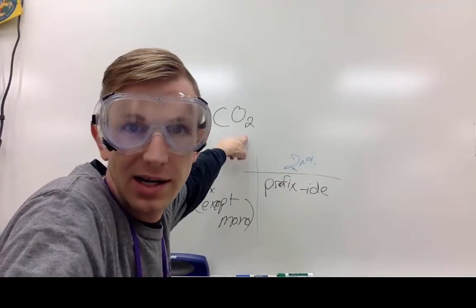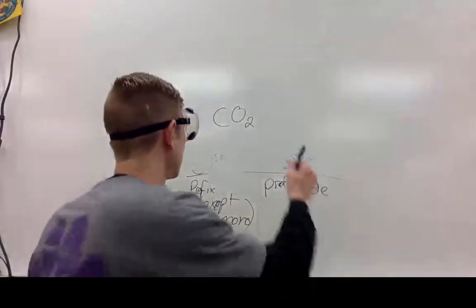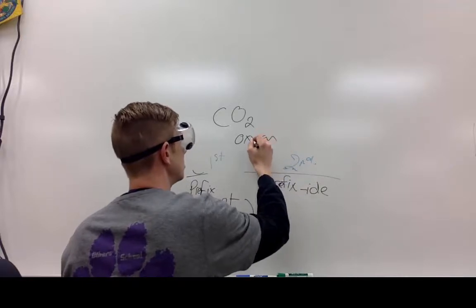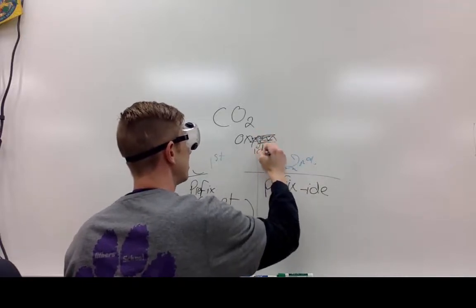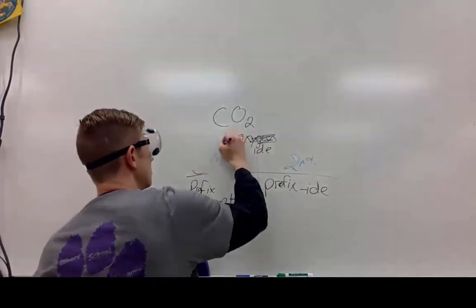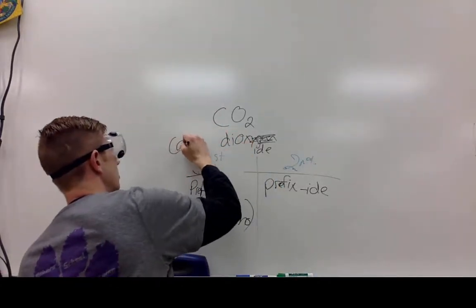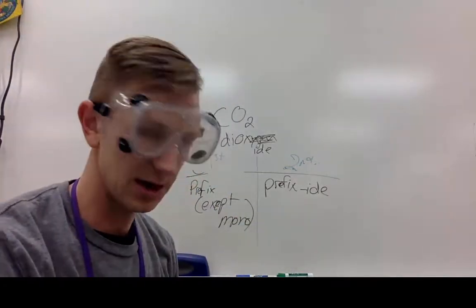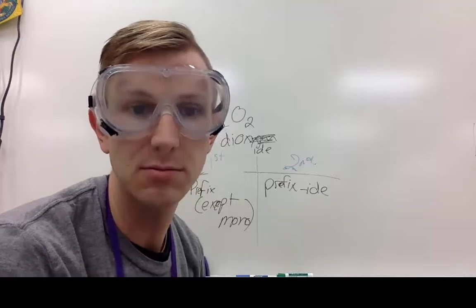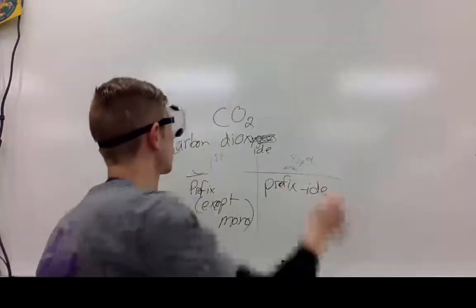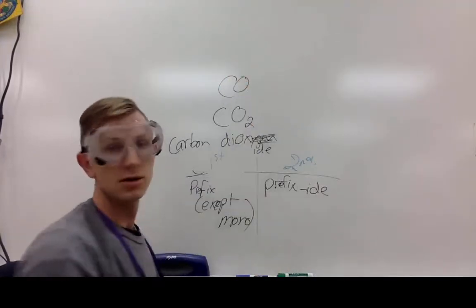We drop the end part, add ide, oxide. But there's two of them, so it's dioxide. So it's carbon dioxide. This is different from carbon monoxide. Carbon monoxide is just this.